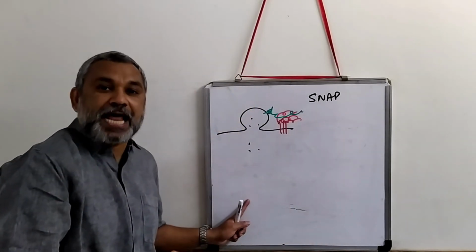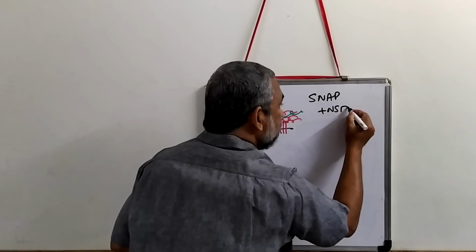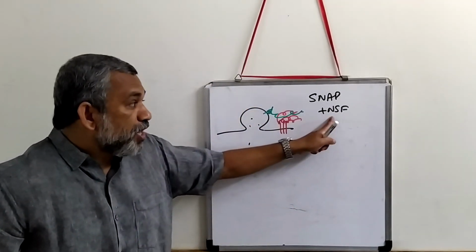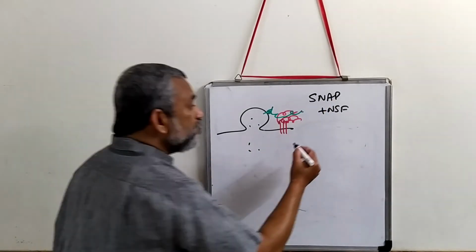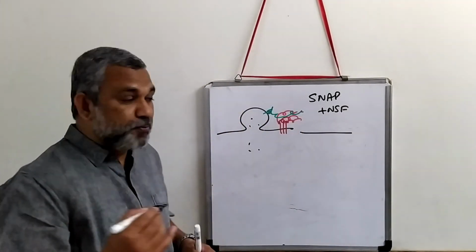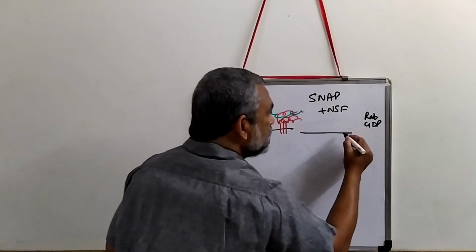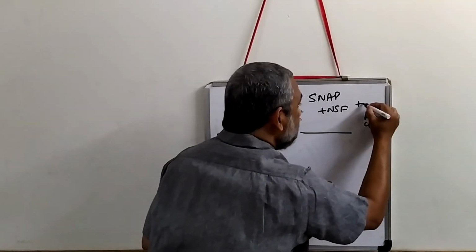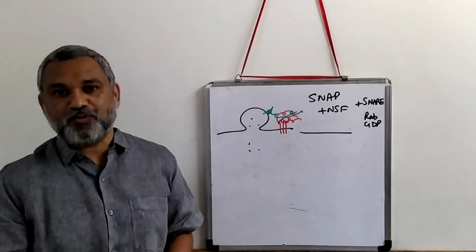We have just seen the SNAP protein. The SNAP protein along with the NSF, NSF is a hexamer. NSF along with the SNAP protein will act as a GTPase. So this will remove the bound RAB proteins. The RAB is removed with the GDP, and it also removes the SNARE proteins.